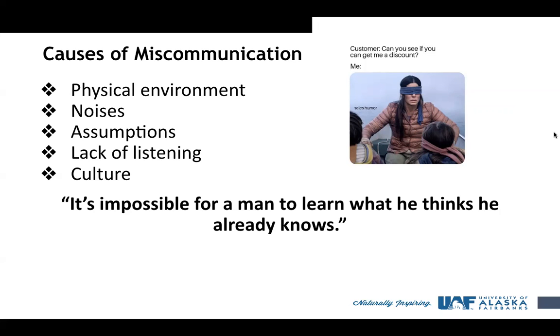So assumptions are probably one of the biggest causes of miscommunication, which also leads into the fourth, which is lack of listening. Lack of listening certainly is an example that we just mentioned of how people can actually not receive information. And then finally, culture. Culture can be one as well.